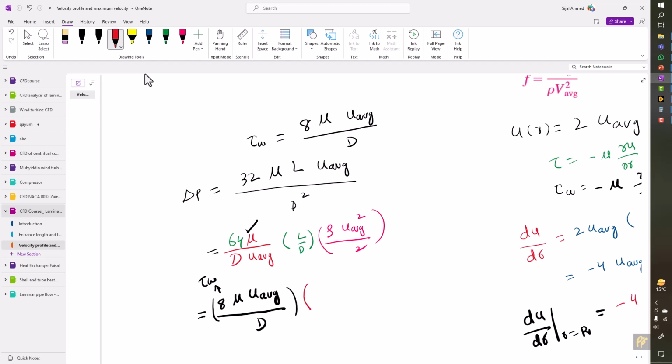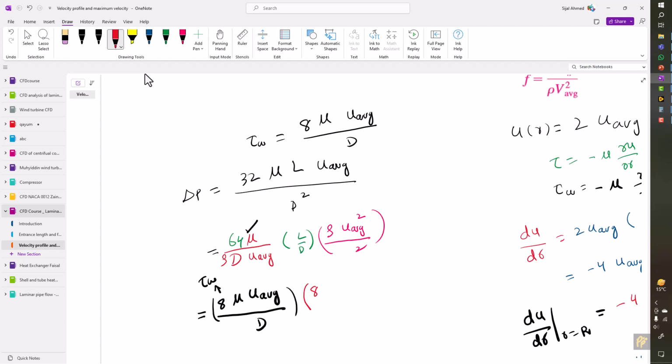so we have taken the 8 common, so 8 will be there from 64. We have taken the mu common, so mu will be there, and also in this expression we have taken the density common. The density should be here also in this formula. So now from this term, 8 is here, viscosity is in the first term.